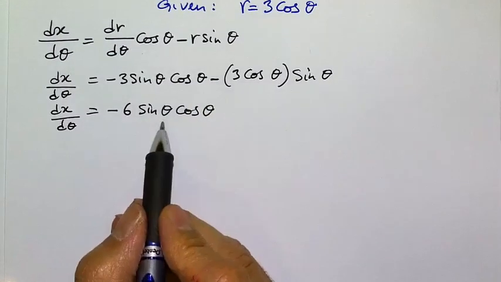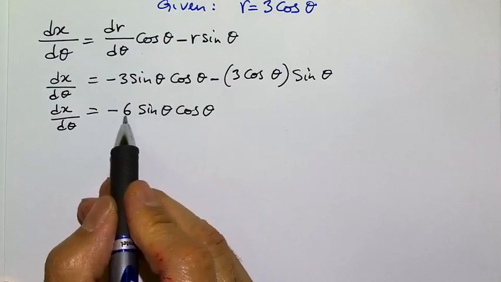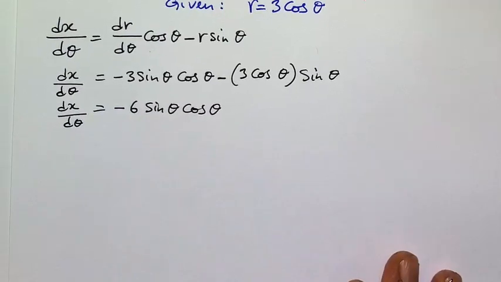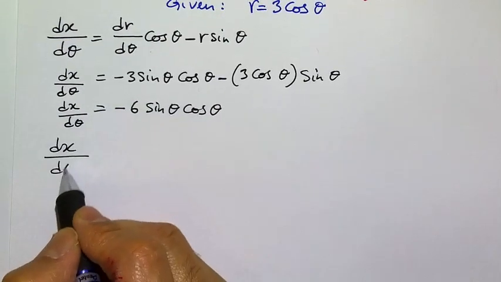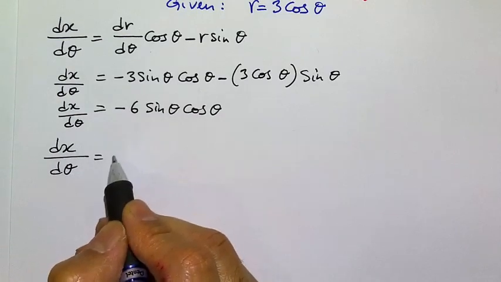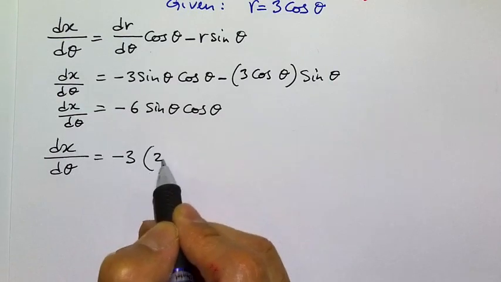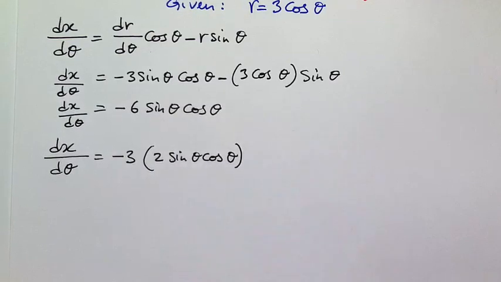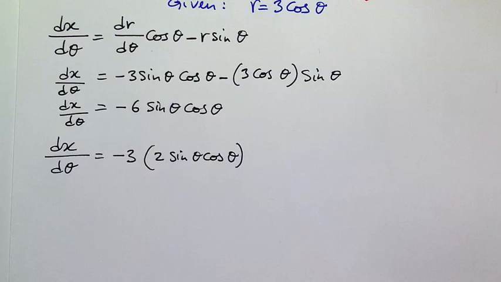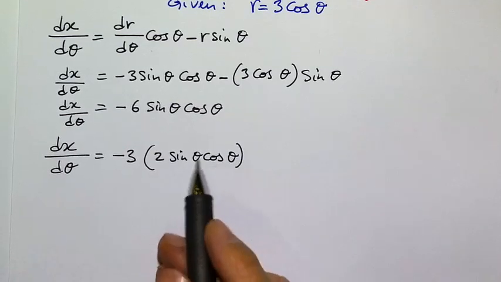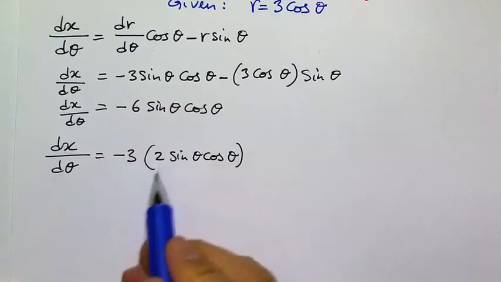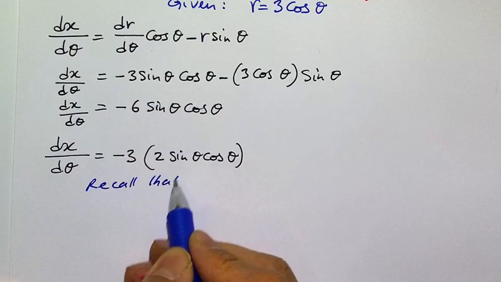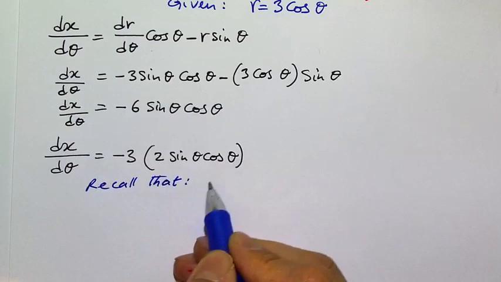So let's rewrite this in factored form, right? So I will do that. Dx d theta is equal to minus 3 times 2 sine theta cosine theta. And of course, we do this because now we have a formula for that. So we can rewrite this in more compact form. Recall that you've seen this applied before.